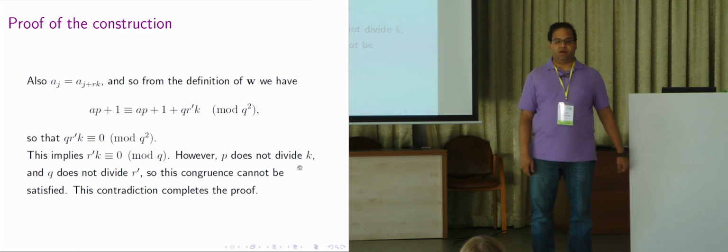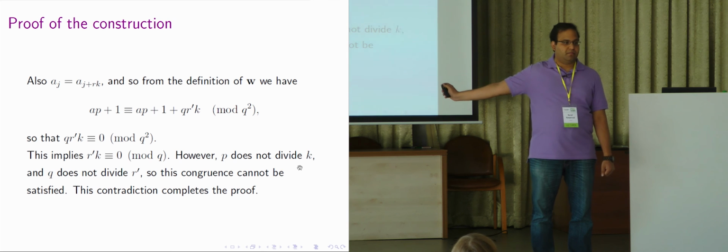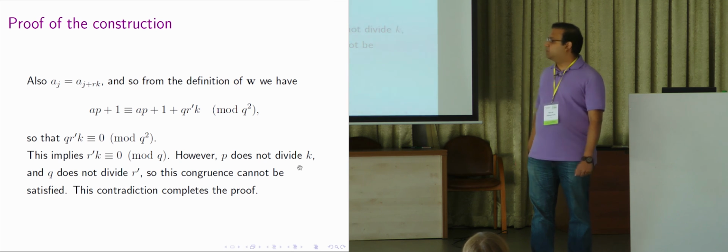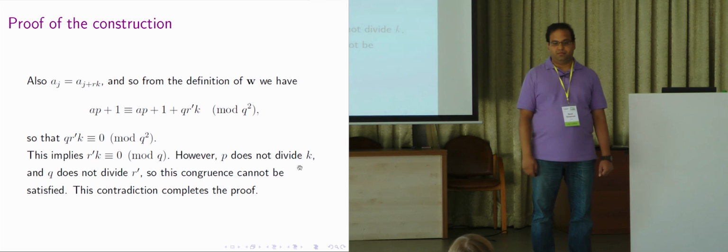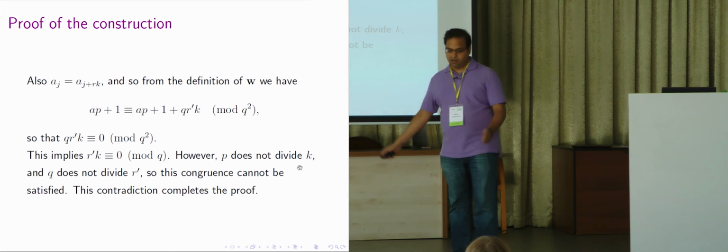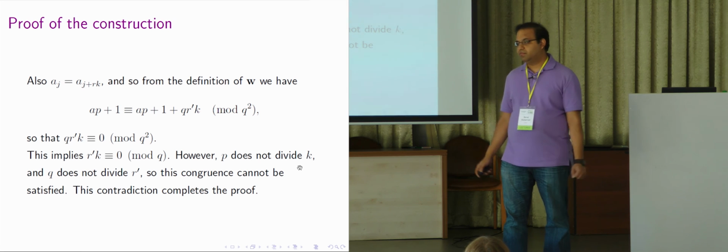But the definition of r prime was such that r prime is not divisible by q. So that's the contradiction. We have r prime times k is 0 mod q, k is not a multiple of p, and r prime is not divisible by q. So we get a contradiction, so this repetition does not exist. And that completes the proof.